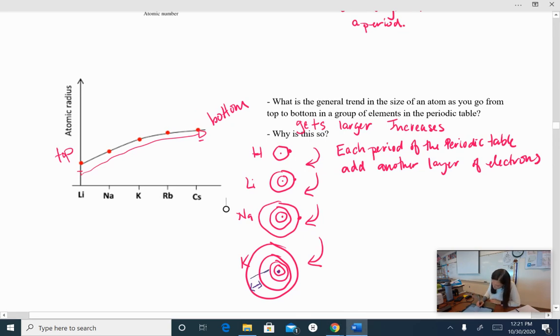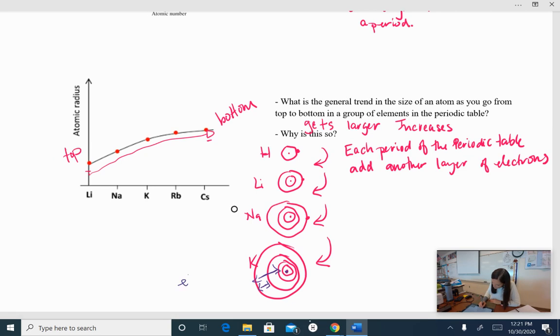Eventually we get so many layers of electrons that we get electron repulsion. The outermost layers of electrons get pushed out from the nucleus because the other layers of electrons repel them.